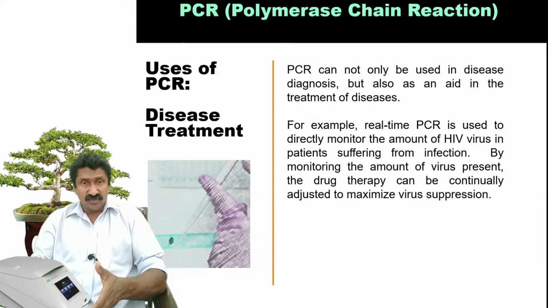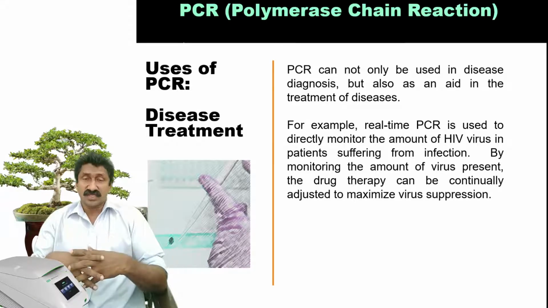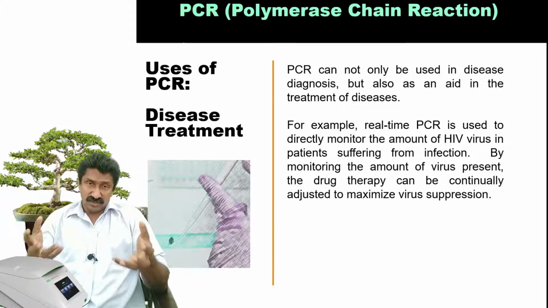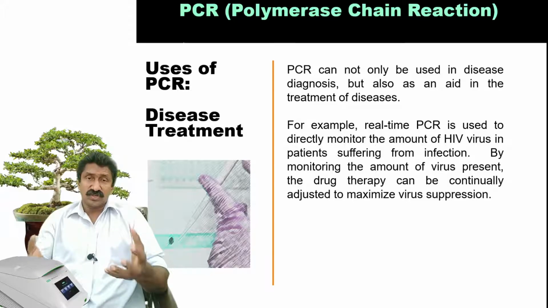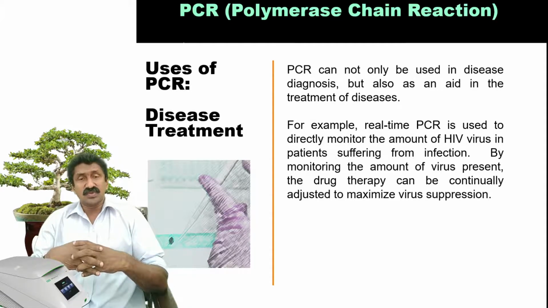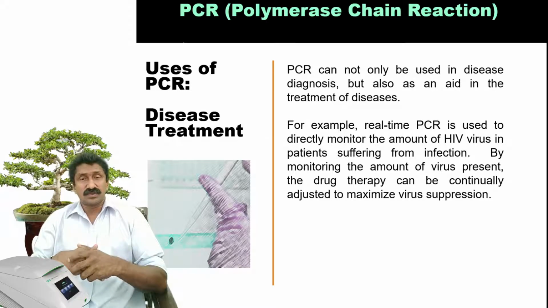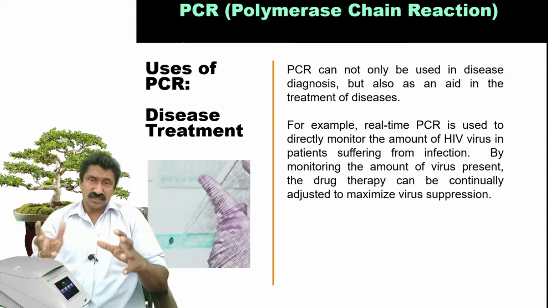By monitoring the amount of the virus present, or the active infection rate, the drug therapy can be continuously adjusted to maximize the virus suppression. So, this continuous monitoring of the live status of viral detection using real-time PCR can be used for giving proper treatment to such HIV patients. So, this is another aspect.